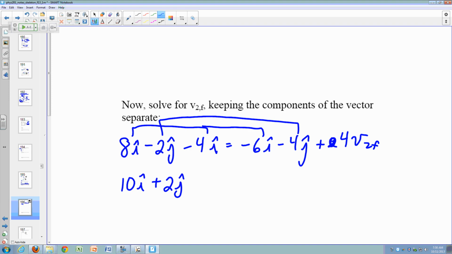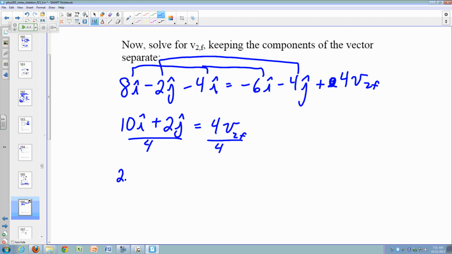So 10i plus 2j equals 4 v2f, and then I divide by 4 and I get 2.5i plus 0.5j. So that second particle is going to have a velocity in that direction.